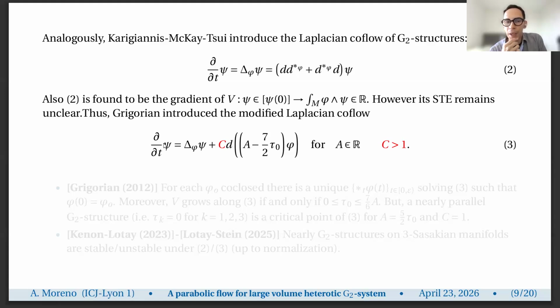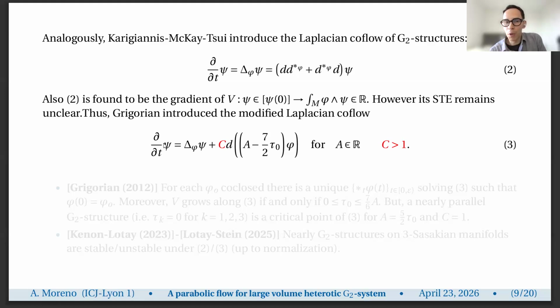Basically, the idea was to add some exact term to the Laplacian coflow in order to kill the bad directions in the linearization of the Laplacian and in order to get the parabolicity for the flow.